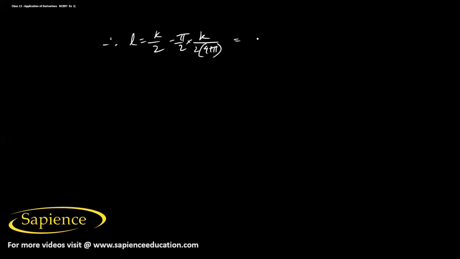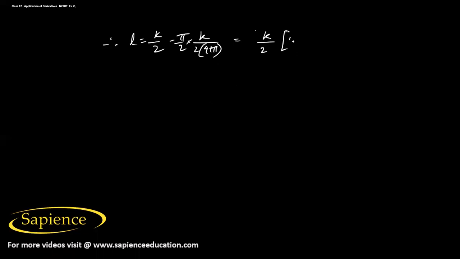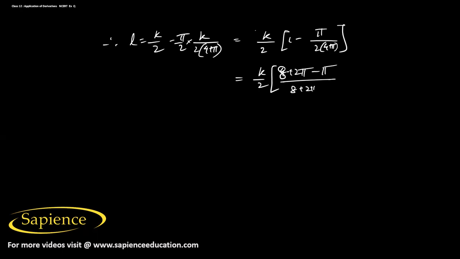Now if we solve it, we have to take the LCM. k by 2 I can take as common, and this will be 1 minus pi by 2 into (4 plus pi). So that will be k by 2 into, if I take LCM, 8 plus 2 pi minus pi over 8 plus 2 pi. So that will be k by 2 into (8 plus pi) by (8 plus 2 pi).